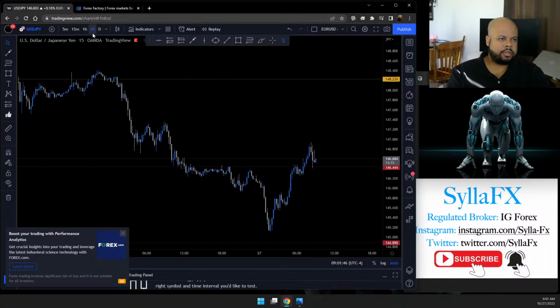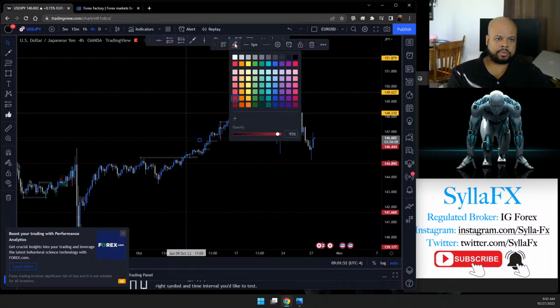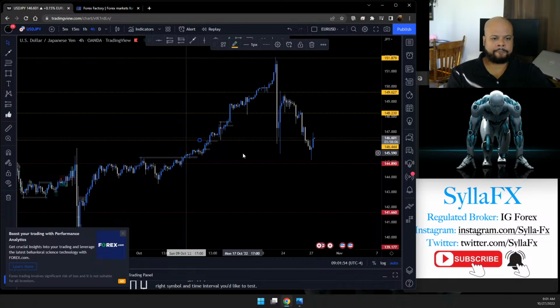Alright, let's jump over to the 4-hour chart and make sure our levels are in place for the support and resistance on the major time frames. We got a decent level here.